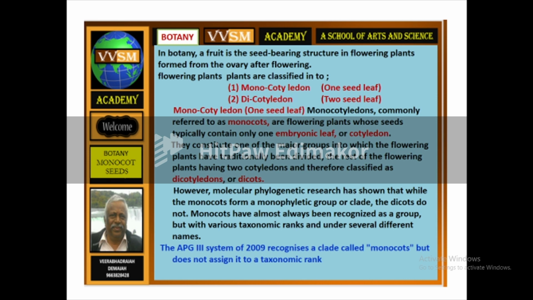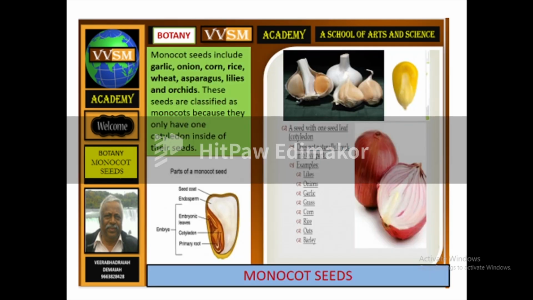In botany, monocotyledon means one seed leaf and dicotyledon means two seed leaves. Monocot seeds include onion, corn, rice, wheat, then asparagus, lilies and orchids.